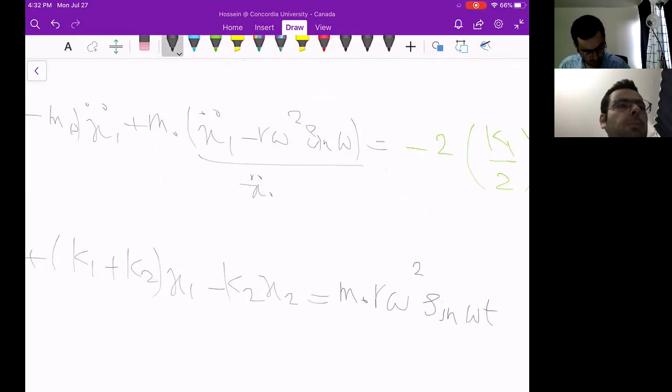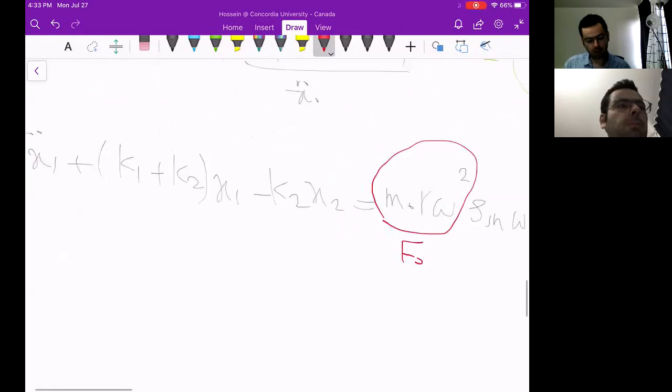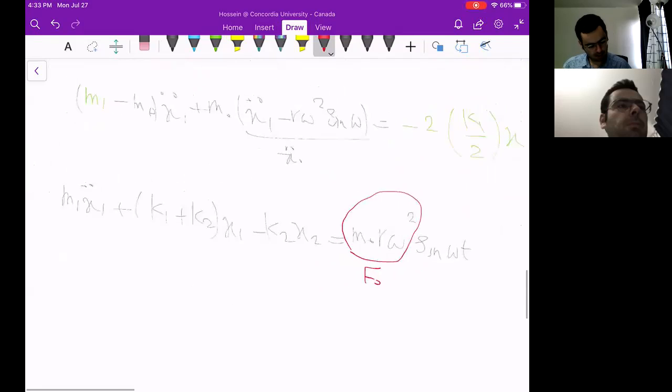You could call this term f naught, the unbalanced force amplitude. This is the equation of motion for mass 1.